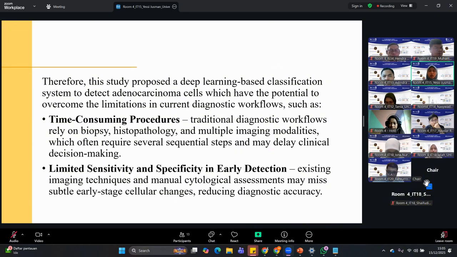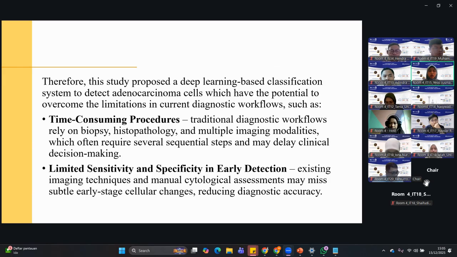Therefore, the study proposed a deep learning-based classification system to detect adenocarcinoma cells, which has the potential to overcome the limitations in current diagnostics, such as time-consuming procedures and limited sensitivity and specificity in early detection.